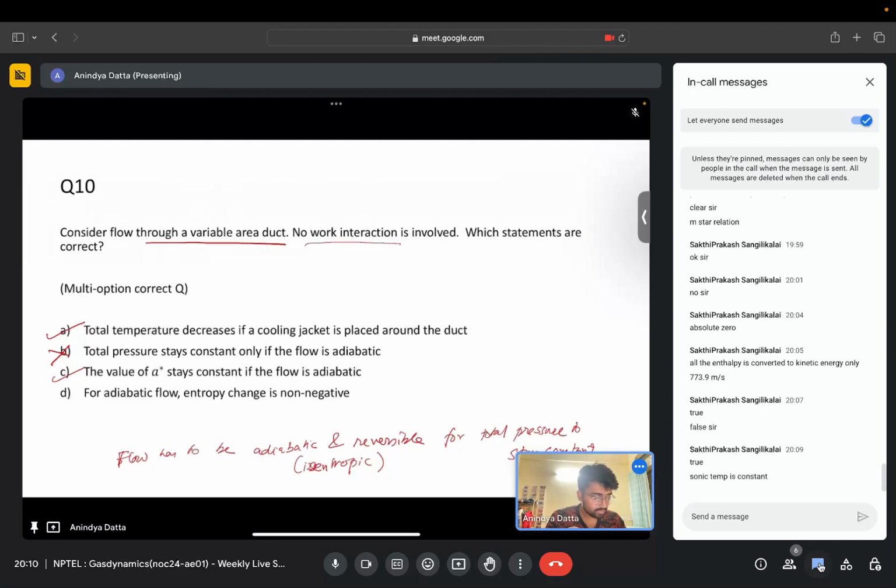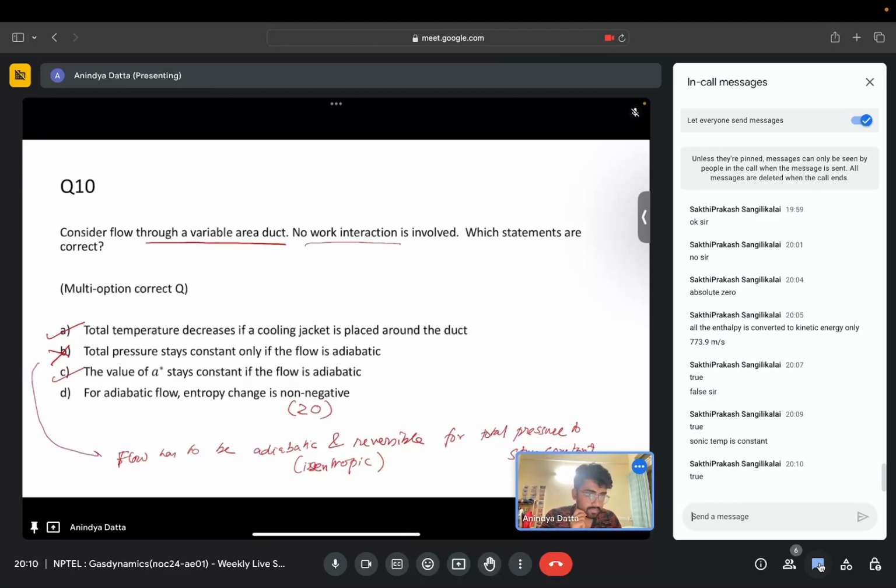Last question: for an adiabatic flow, entropy change is non-negative, meaning greater than or equal to 0. Is this true or false? Yes, this is also true; we have derived this.